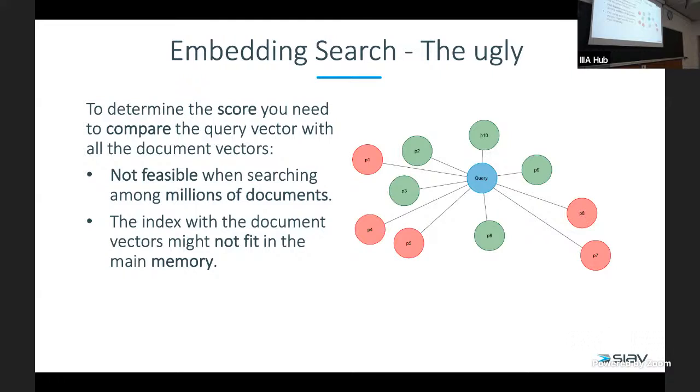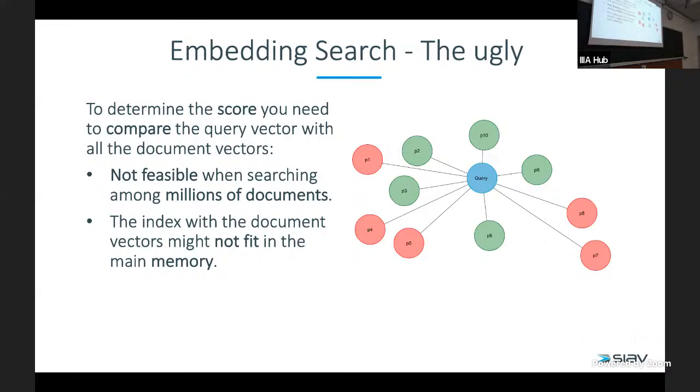However, there are some other blocking issues which are strictly related to the efficiency of this approach. And you might have understood it from when I explained it, but when you determine the score and therefore retrieve the documents with the highest score, at the instance you're making a query, you will need to compare your query vector to each of the document vectors.